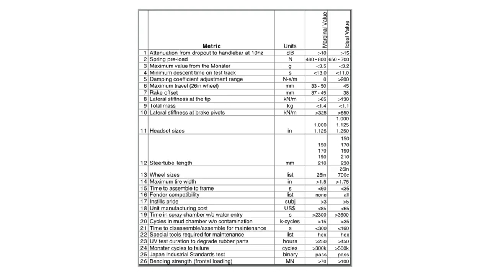So marginal value is just an allowance. You give a value below the ideal value, but your product is still functioning well. And you have 26 metrics, and for each metric you should put marginal and ideal value.